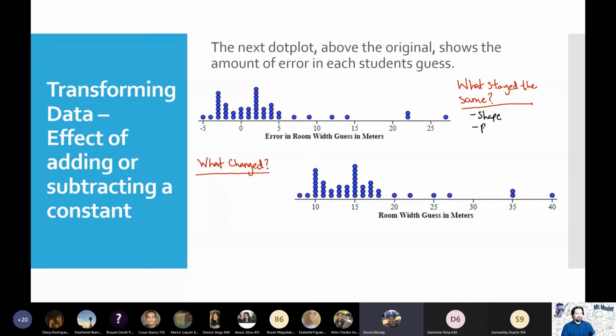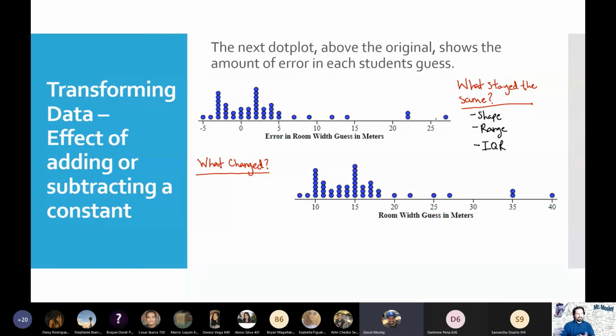All right, so we also get the measure of the range, and the actual value of the range stays the same. The value of the IQR will stay the same as well. If we think about it, the range is from -5 to 27 on this.